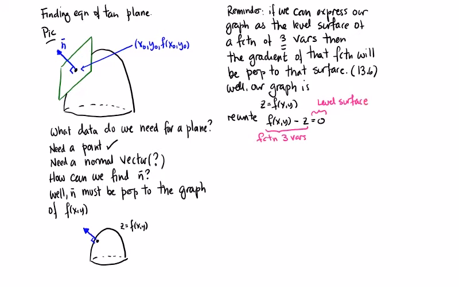In other words, let's just be clear about that. It's a bit of a sloppy sentence. The function f of x y minus z is a function of 3 variables. And when that function equals 0, we get the graph of our surface.